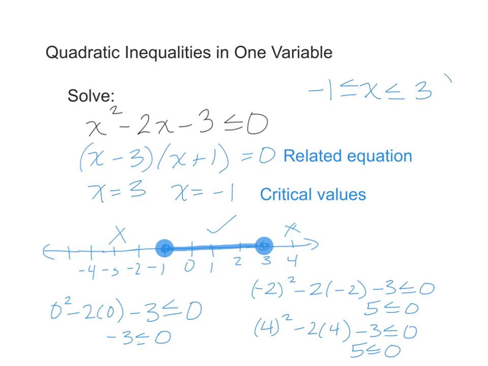Yep, that's it, and that's how you write it, as one statement with x in the middle. But you read that from the inside out. So x is greater than or equal to negative 1 and less than or equal to 3. They both look like less than or equal to signs, but if you read it backwards, it's greater than.